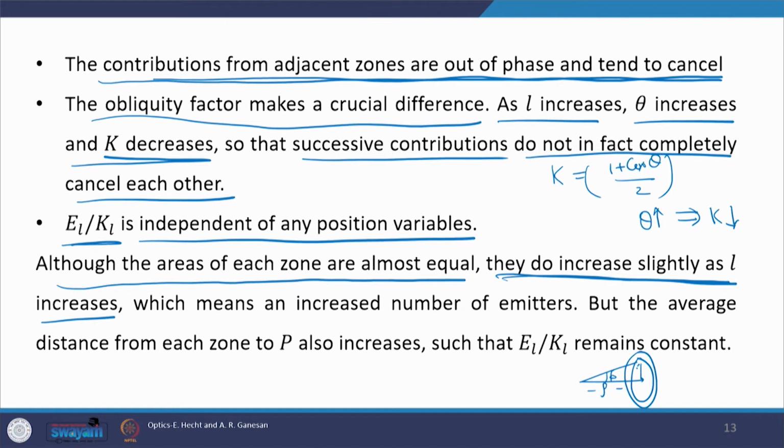Then the radius of the zone is rho sin phi, or if you talk in terms of theta, then this radius is increasing. Therefore, as you increase L, the area of these zones slightly increases, and since the areas of these zones are increasing, the number of emitters sitting on a particular zone also increases with L.